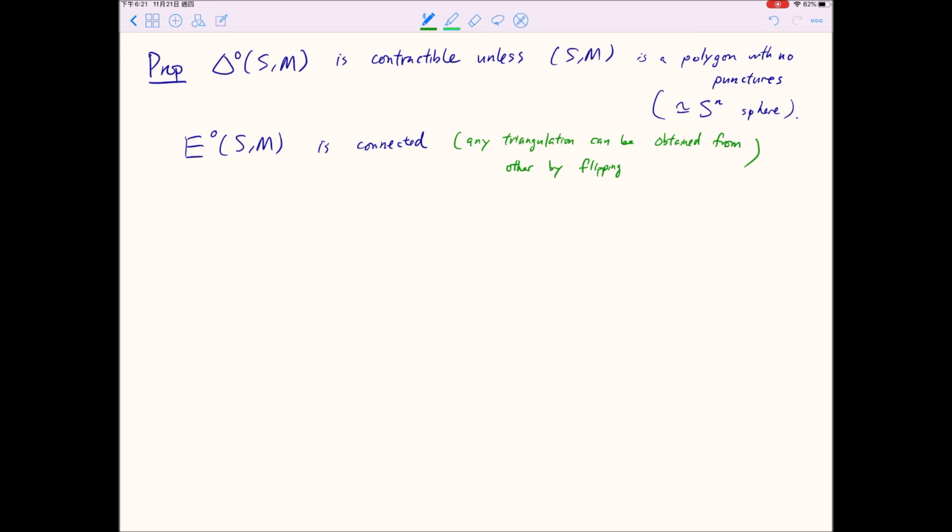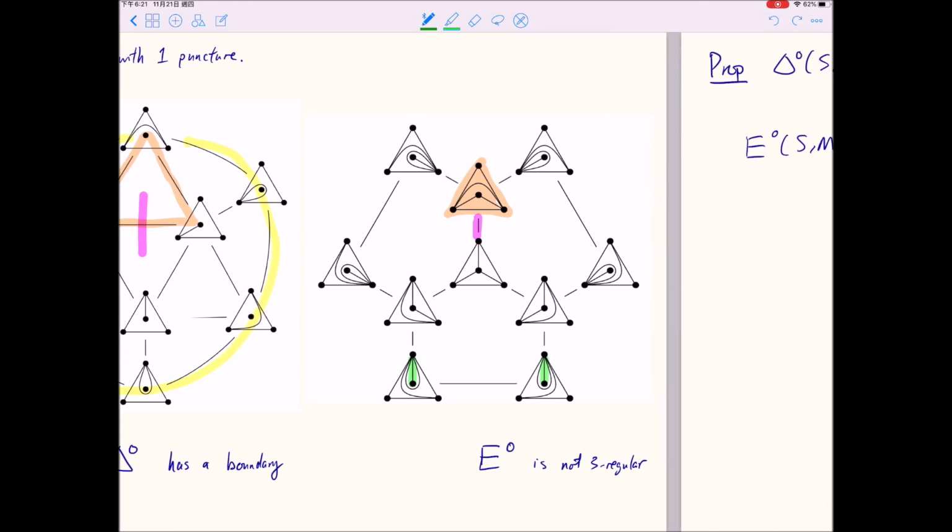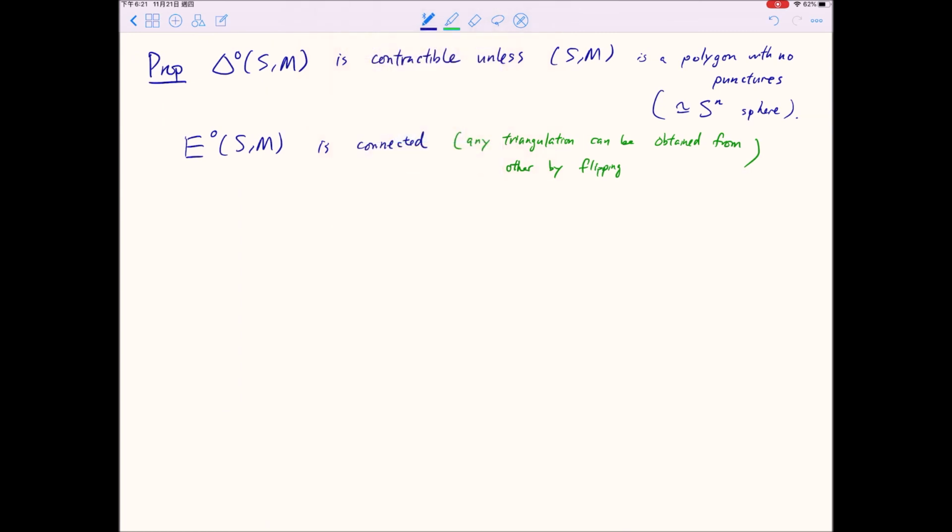Because the edge really just means a flip. And furthermore, the fundamental group of your dual graph will be generated by the 4 or 5 cycles.